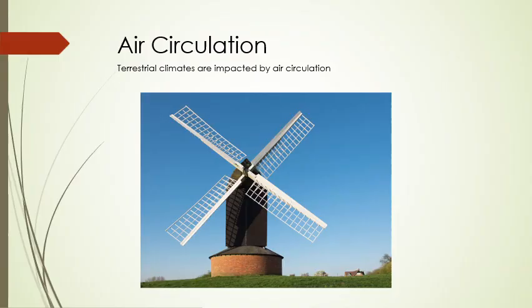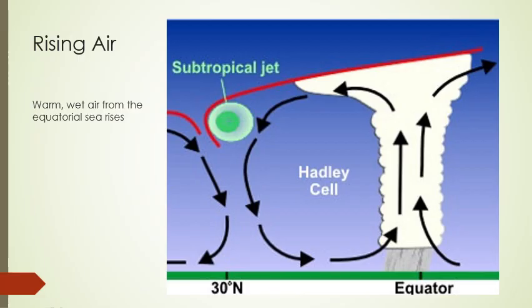The other thing that's going to impact terrestrial environments is going to be air circulation. And interestingly enough, that air circulation is going to be controlled heavily by sunlight because of heat, and then rising and falling air masses. So the way wind works, the way air currents work, is basically if you heat air up, it rises.